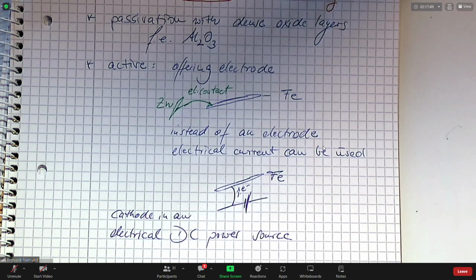Yeah, it's called cathodic protection. That's where, for example, it is used. So in the railway, did you hear it? So here you have the rails, the train is on them, and these are made out of iron.